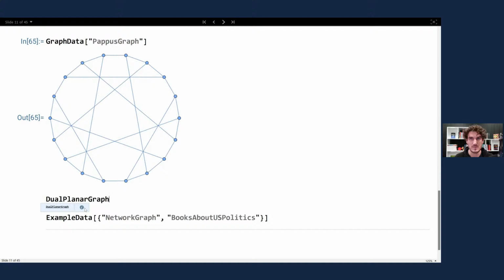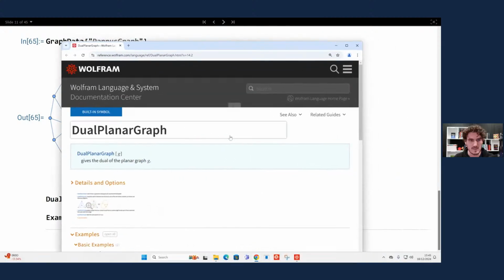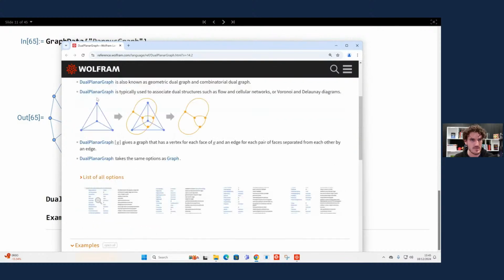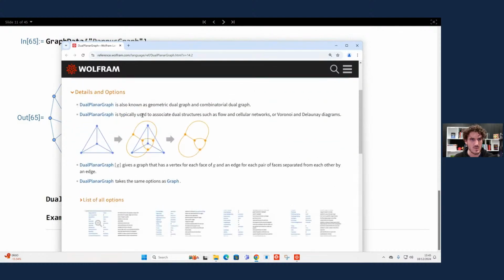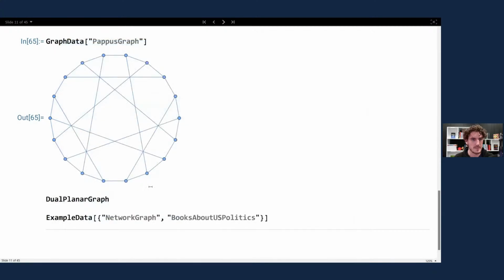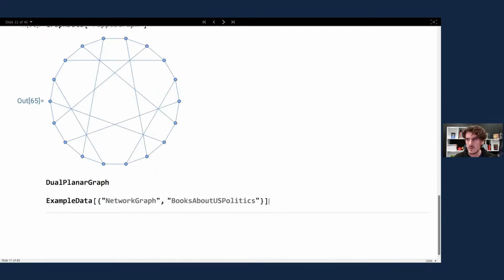I didn't know this was a function, but I just typed in the word dual and turns out there is. So I suppose that, yes, I hope this answers your question. I think we can just perform this function on a graph and then we return the dual of the planar graph G. Okay.